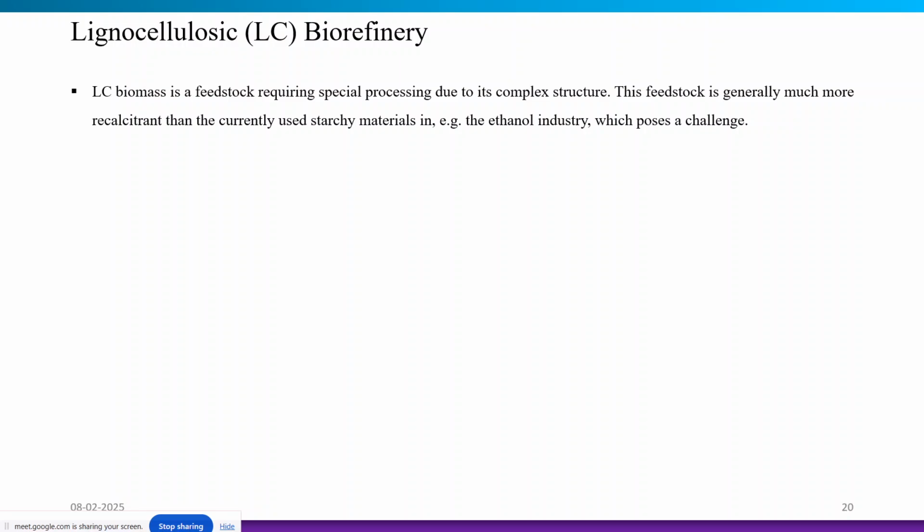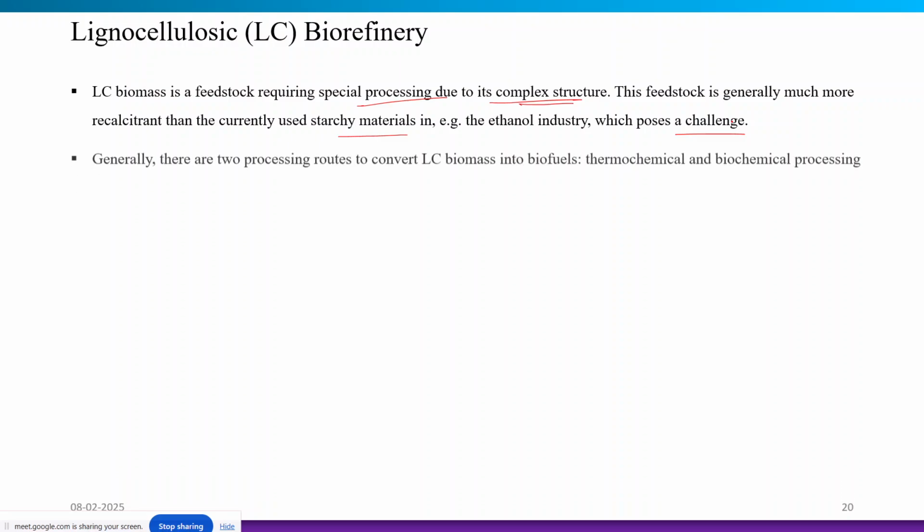Lignocellulosic biomass is a feedstock requiring special processing due to its complex natural structure. This feedstock is generally much more recalcitrant than currently used starchy material, just like the ethanol industry, which poses further challenges in the processing.